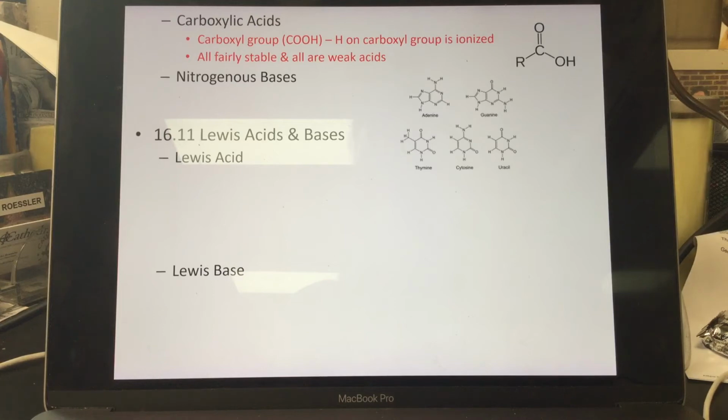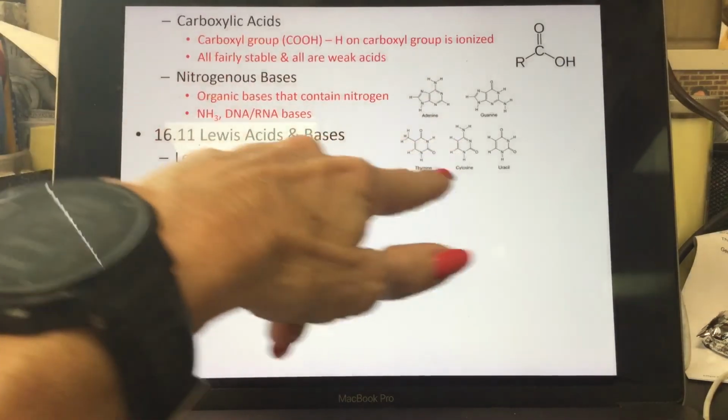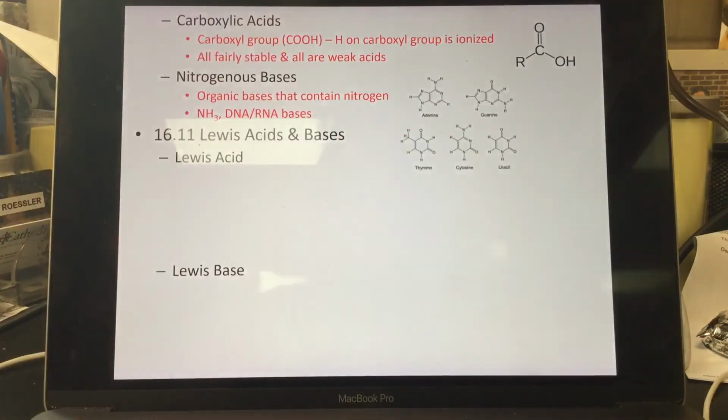They're all considered weak. And then nitrogenous bases, those are organic bases where we don't see the hydroxide ion like we do in the group 1A or 2A bases. But these are organic bases that contain nitrogen, which ammonia is one. Ammonia is not up here. But DNA and RNA, those are also made of nitrogenous bases, which you see here, the adenine, guanine, thymine, cytosine, and uracil.